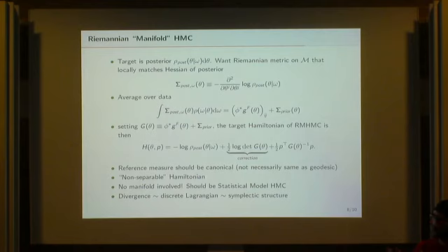It says, okay, I have a Hamiltonian, the potential energy represents my target, and then I have a kinetic energy, which essentially is a way for me to travel through sample space in an efficient way. But often I cannot compute the geodesic flow of that kinetic energy properly. But what if I can compute some other geodesic flow? That's often the case, at least in statistics. And what you end up with is an integrator which uses that other geodesic flow to give you a simple integrator. It's still implicit, but it works for any manifold.